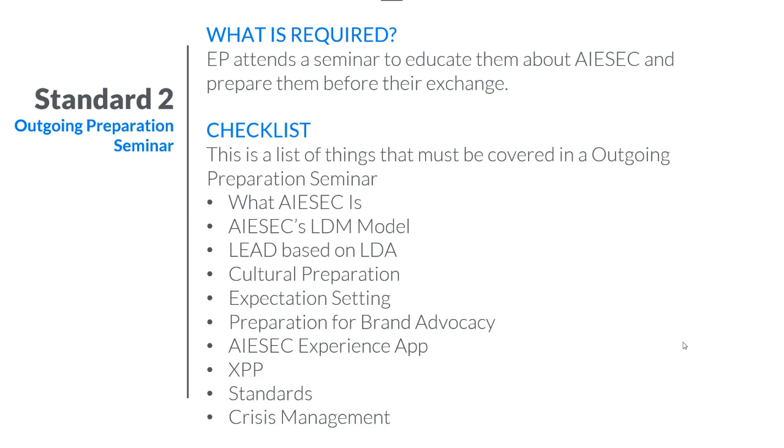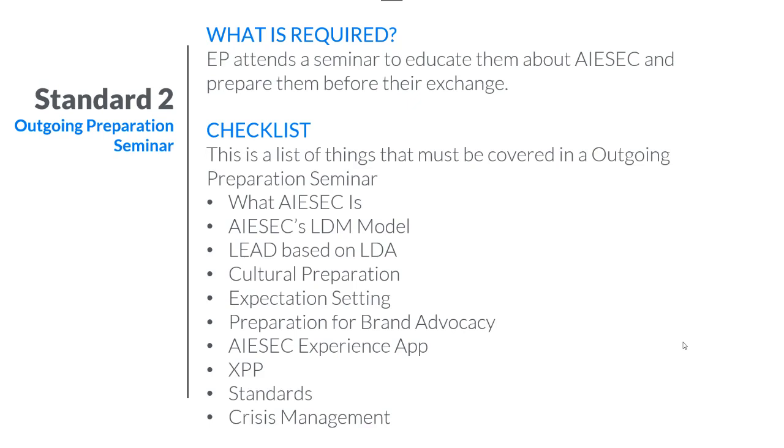What AIESEC is, as in the description: the AIESEC Way, the AIESEC LDM model, the standards in the customer journey, LGQ, leading based on the LDA. This is what we were talking about: the personal goal setting and standard 2.